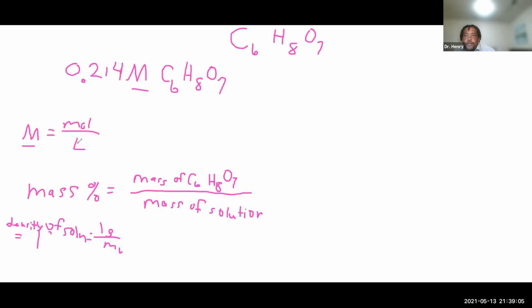Now, this here is liters of solution, and this would be moles of citric acid. Okay, so use this value to calculate this. Oh, times 100.